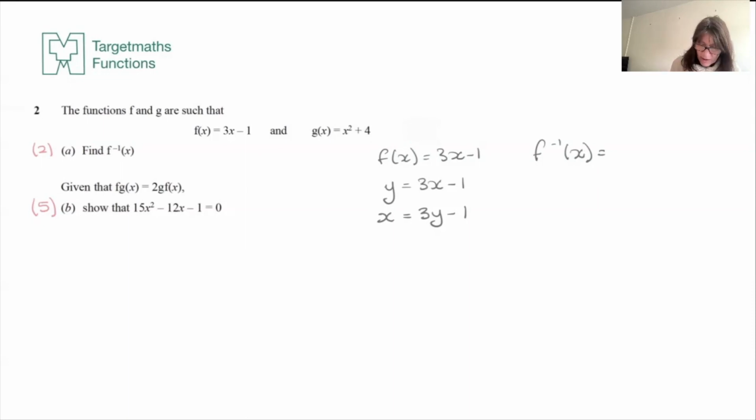So we're going to take the minus 1. x is already there. It will land as plus 1, leaving me 3y. We're going to take the 3 and divide through by it. So our function is x plus 1 divided by 3. Now, if they are quite complicated, this technique is a dream.